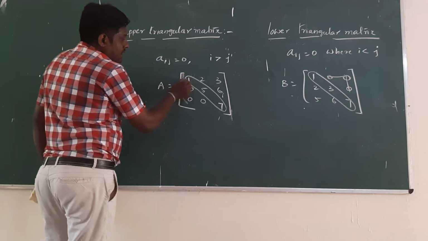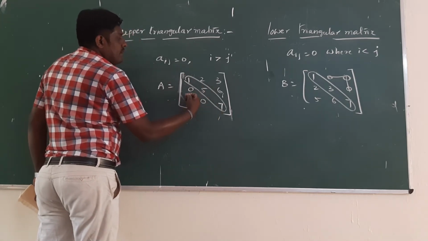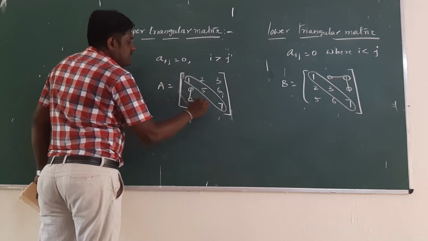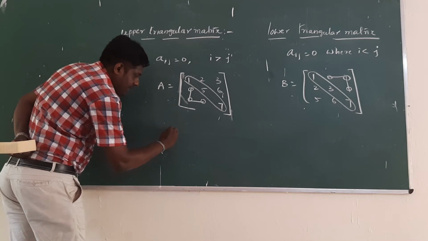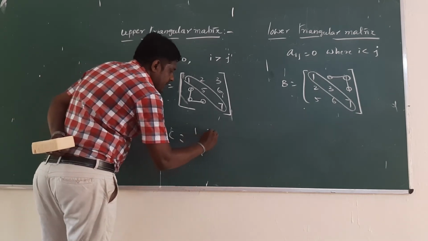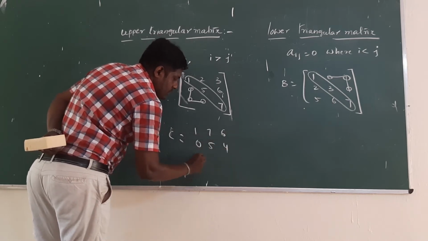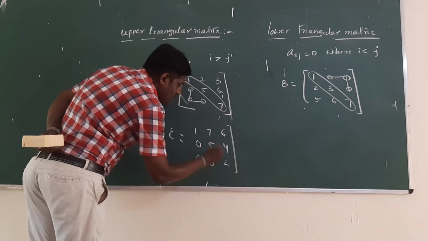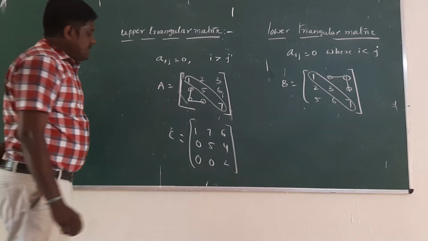Here, this is the principal diagonal. These elements are below the principal diagonal, so this matrix is called an upper triangular matrix. See one more example. Matrix C: 1, 7, 6, 0, 5, 4, 0, 0, 2. This is also an upper triangular matrix.